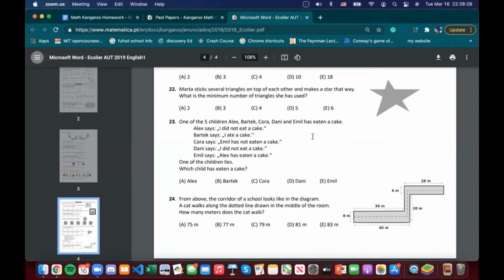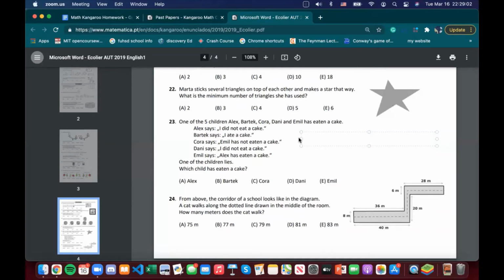Okay, let's go to Cora. Cora is the liar here. So Emil has eaten the cake. But we see here Bartek has eaten cake. This can't be possible because you can't have 2 people eating the cake, as we have figured out from before.